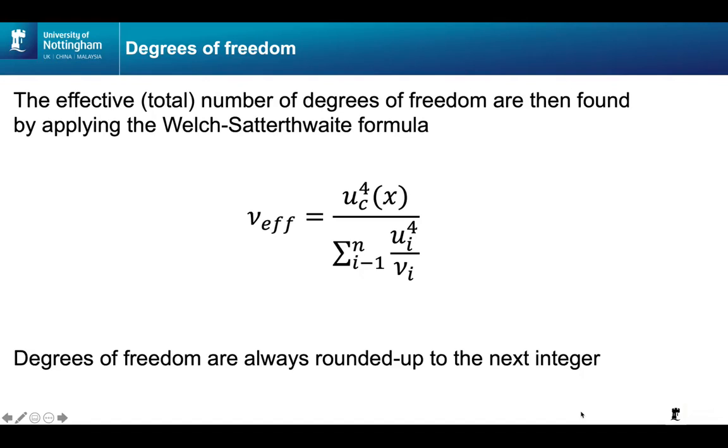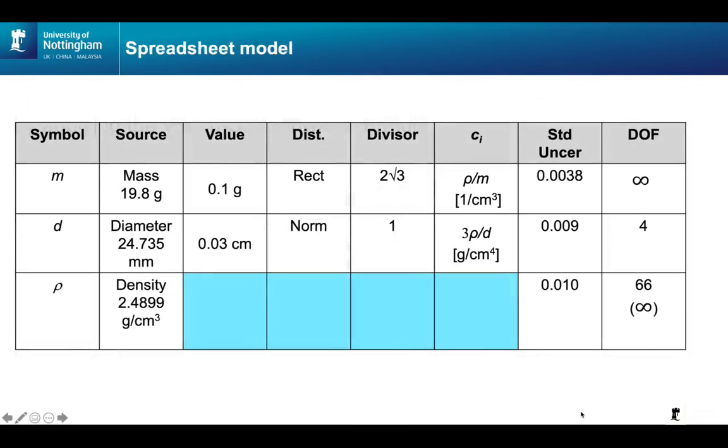That's calculated by finding the fourth power of the combined uncertainty divided by each uncertainty divided by its degrees of freedom, again to the power of 4. And degrees of freedom are always rounded up to the next integer for this equation.